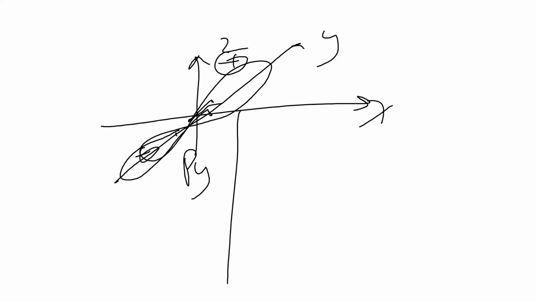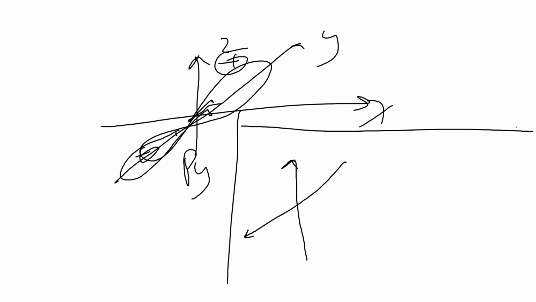The D, as we said, it's 4, so it looks like this. You should not know the shapes for the exam, but I'm trying to make you imagine how they look in space. It's kind of a 3D shape.